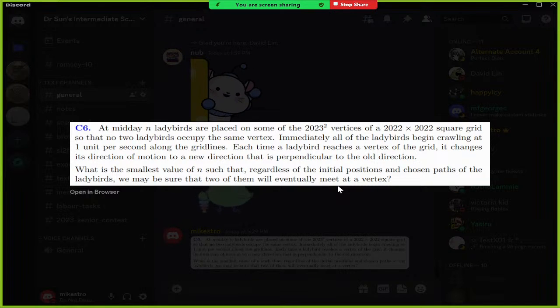What is the smallest value of n such that regardless of the initial position of the chosen path... I guess you could assume it's all clockwise to get some kind of... Maybe show that eventually two of them will meet at a vertex. I feel like trying 6 would be interesting.